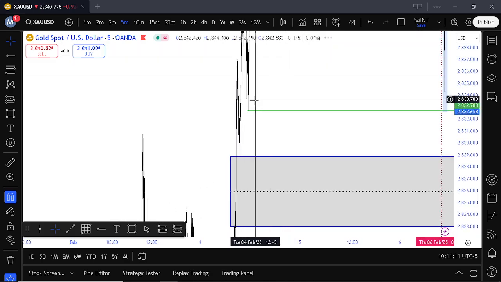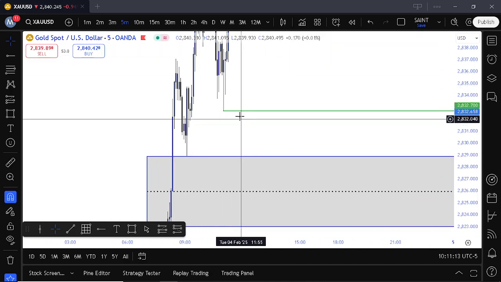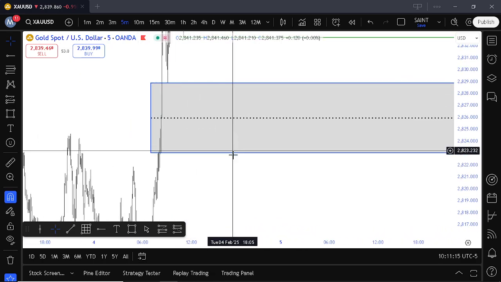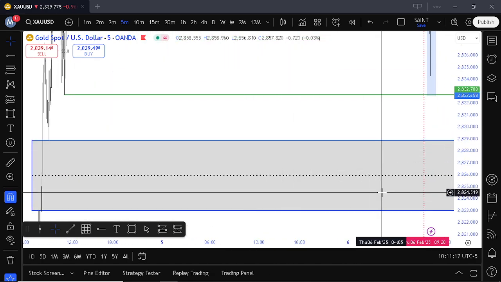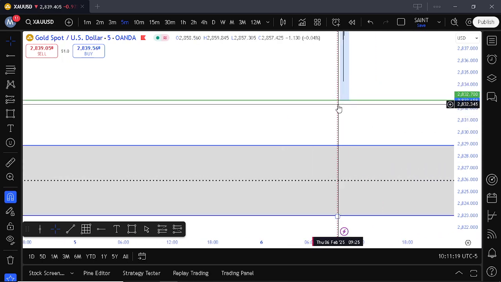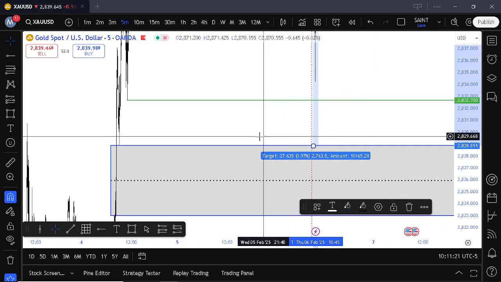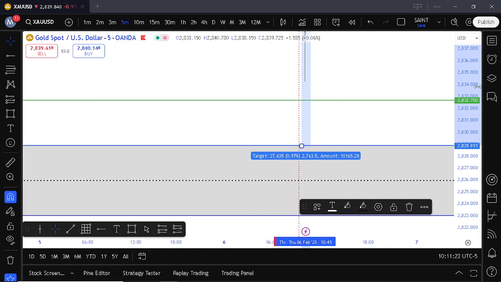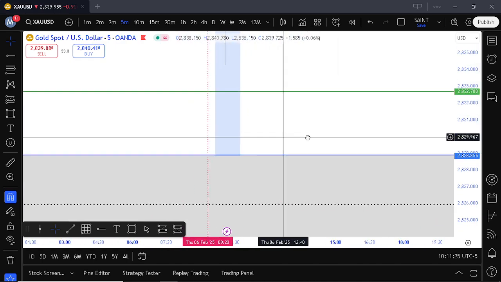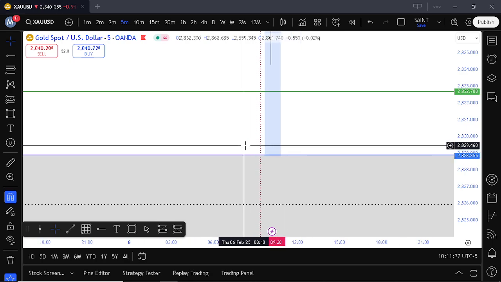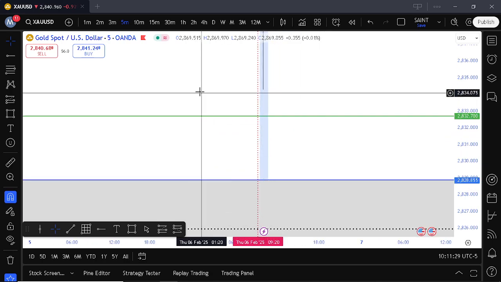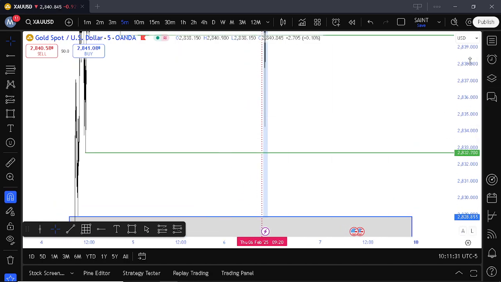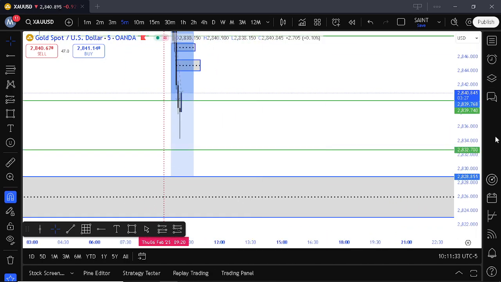There's some lows that were made in New York on Tuesday, and this is where I'm expecting price to reverse off this bullish fair value gap. So if I had more positions, I would have probably extended my take profit here, and that'll be my final take profit for today. But this was my trade recap for today.